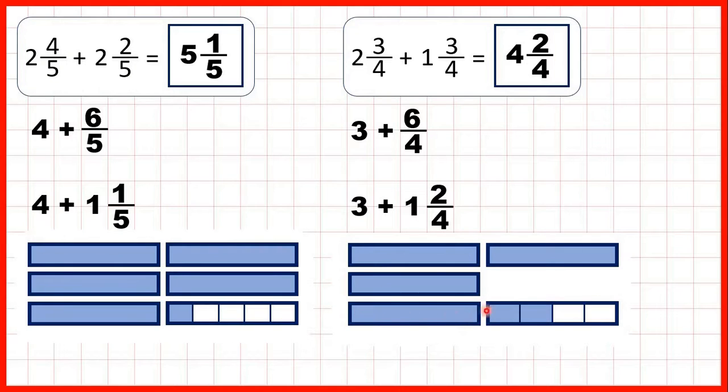So adding the fractions, what we have at the bottom, gave us 1 and 2/4. When we add that to the 3 wholes that we have from adding the whole numbers in our question, that gave us our answer 4 and 2/4. And you can see that we now have 4 whole fraction bars and 2/4 of another one.